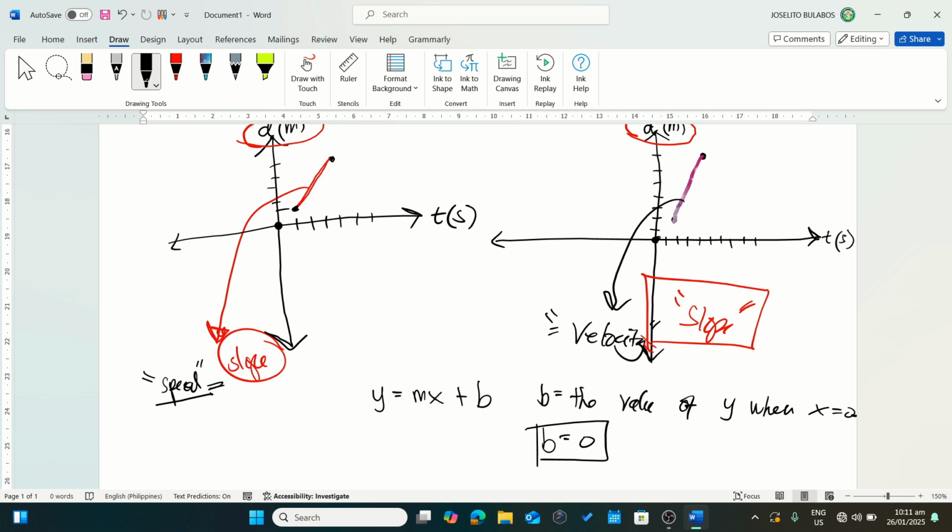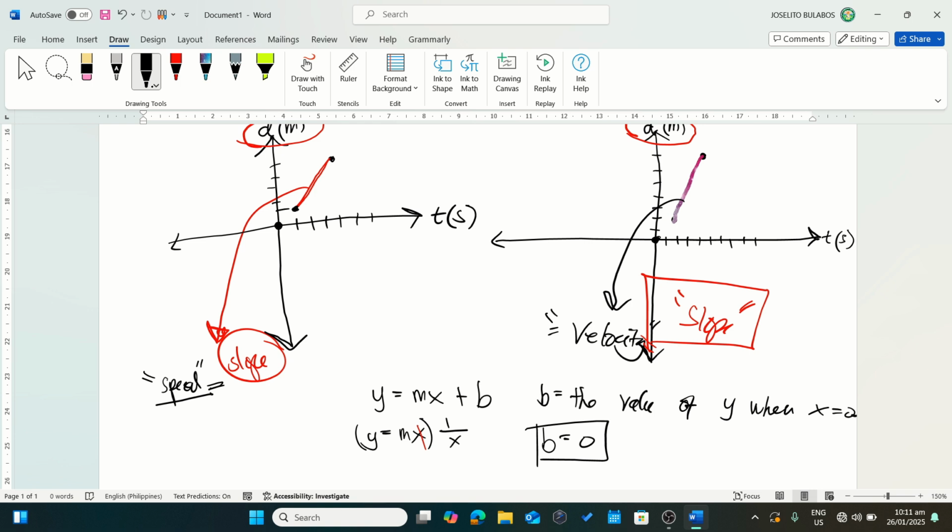Now our goal here is to solve for the equation of m, or slope. So we would say y equals mx, because b is 0. Now solve for m: we could just simply multiply both sides by 1 over x, so that we cancel out the x here and the remaining will be m.